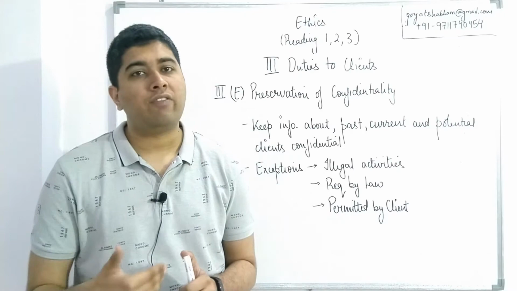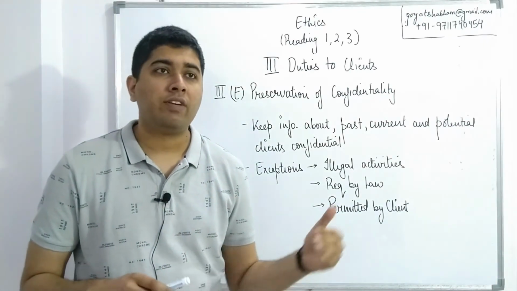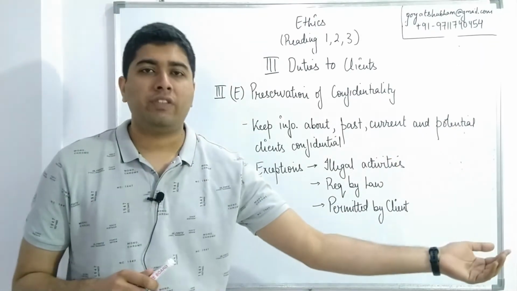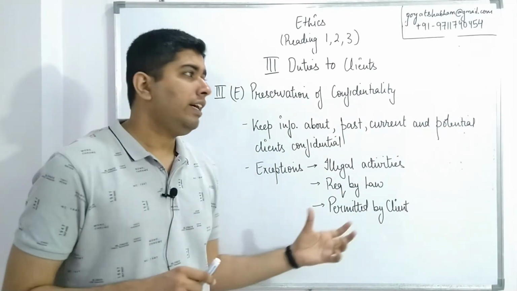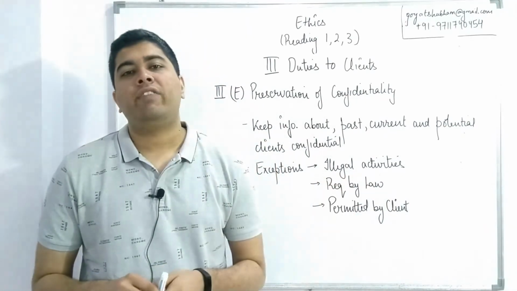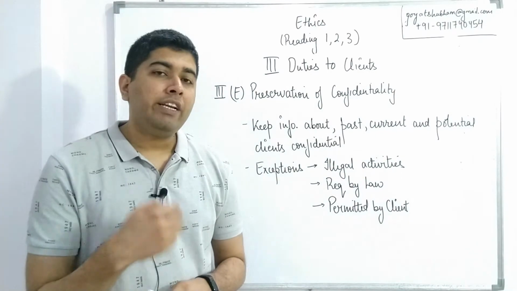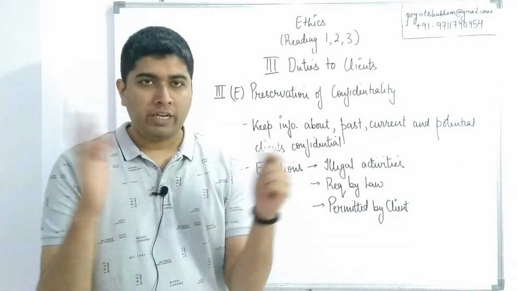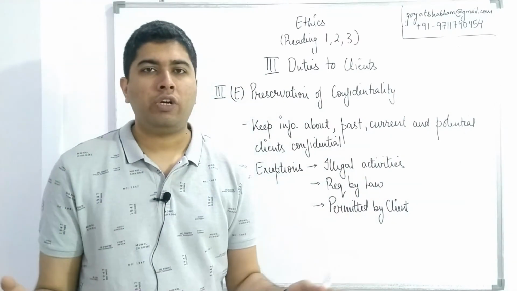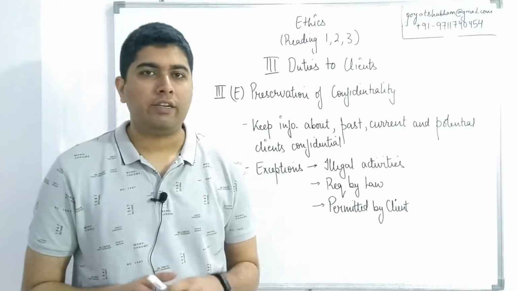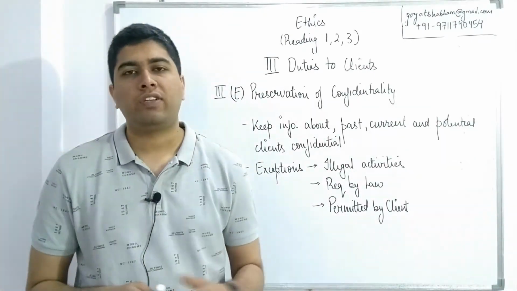In that case, I have a legal complication as well. I might have a legal responsibility to report it. But the standard is saying that in case there are illegal activities on the part of the client, me disclosing that information to the public or to the authorities is not going to violate the standard. I am allowed to disclose information in such a case.